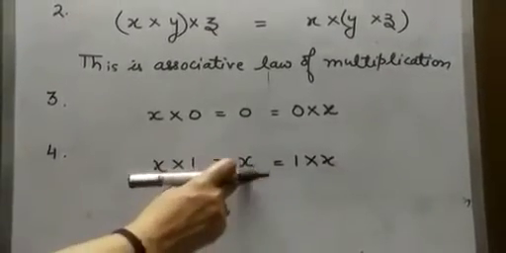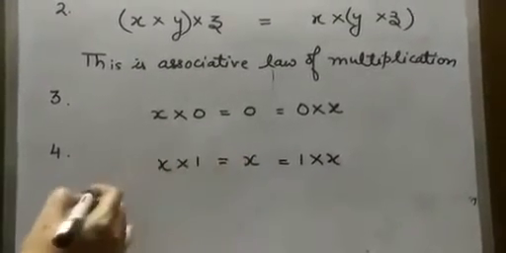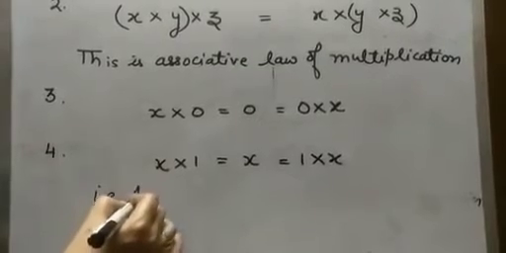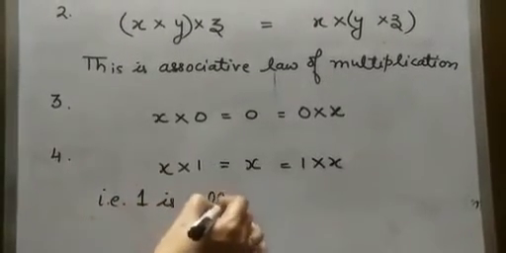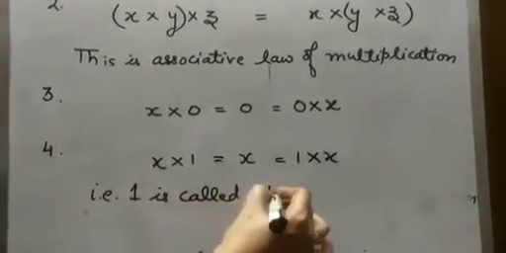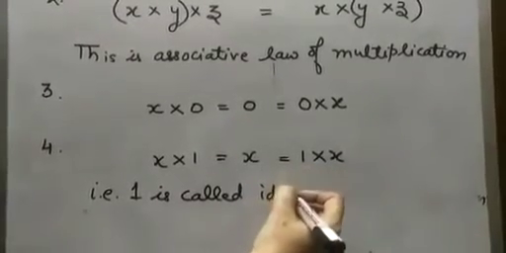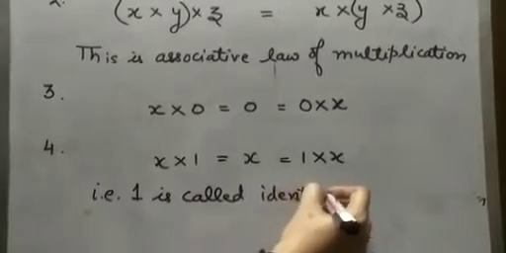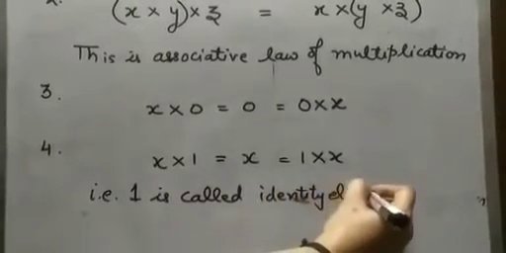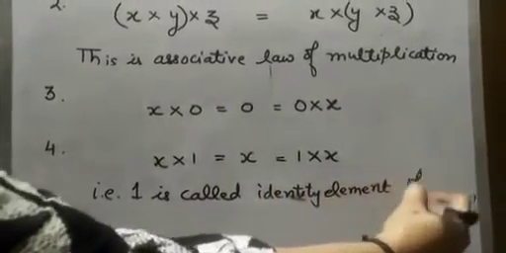That's why 1 is called the identity element of multiplication.